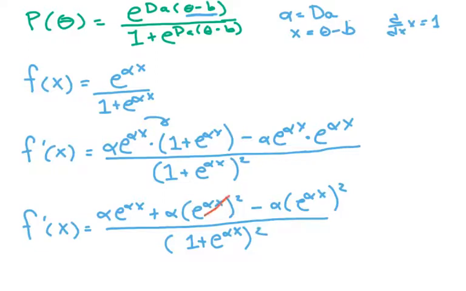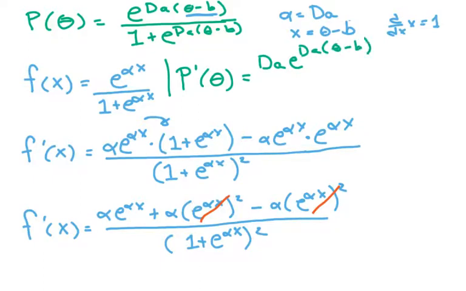And you notice you get this nice cancellation. So I can see what my derivative looks like. It looks like dA e to the dA theta minus b all over 1 plus e to the dA theta minus b squared.